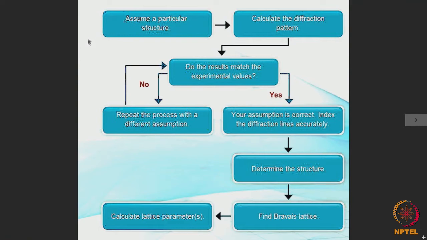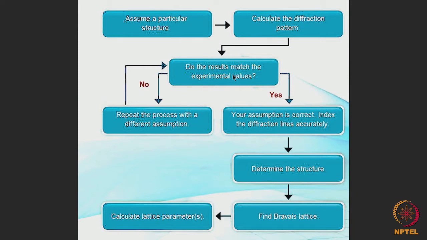when we do an X-ray diffraction from a particular material, we get the diffraction data in the form of diffraction lines. We initially assume a particular structure for the material in an intelligent way. Then from there we try to calculate what the diffraction pattern should be like. Then we find out if the results match the experimental values.